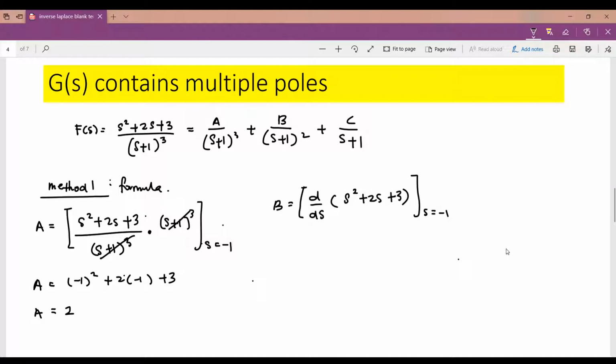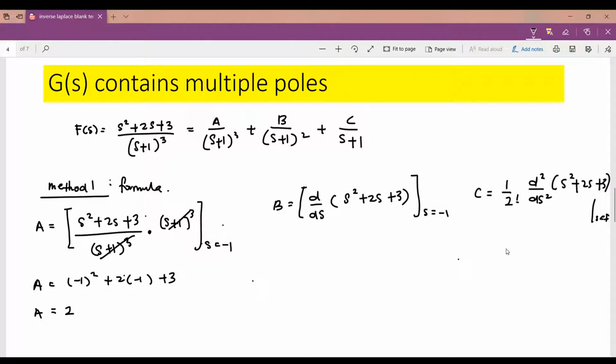It continues when you want to find C. It is actually the second order differentiation, so 1 over 2 factorial, because it is second order, differentiate second order of A. Okay, so it is the same where s is -1.